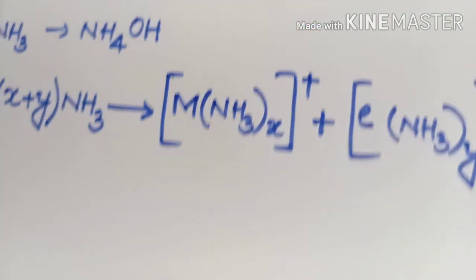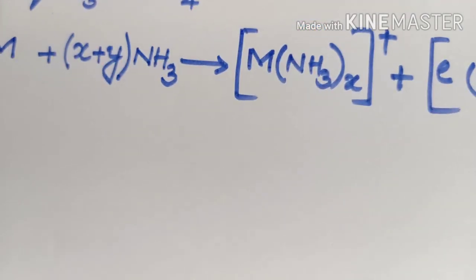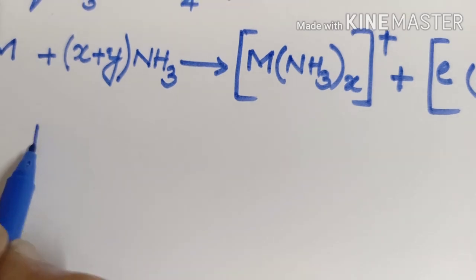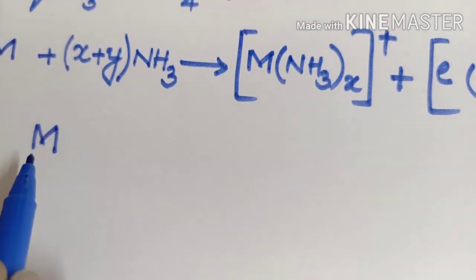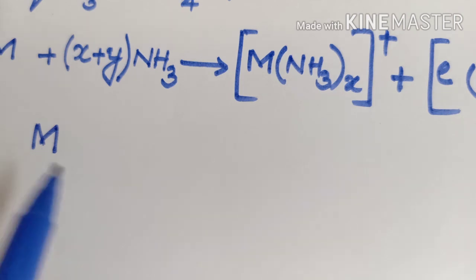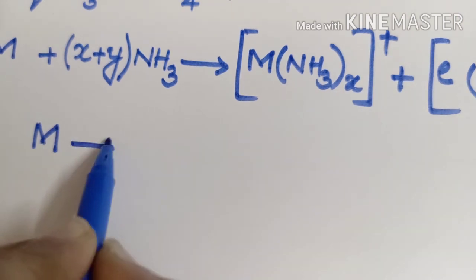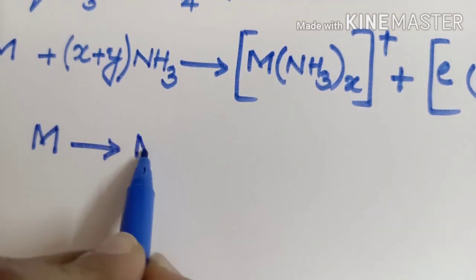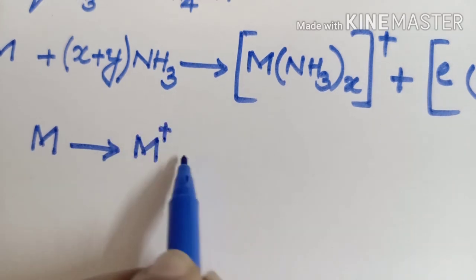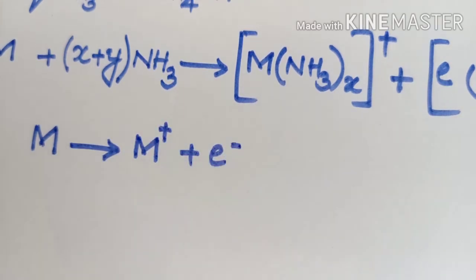So in a simple manner, I will explain here. We know that alkali metals are the ones which are larger in size, so they will easily lose electrons and become M plus ion and electron.